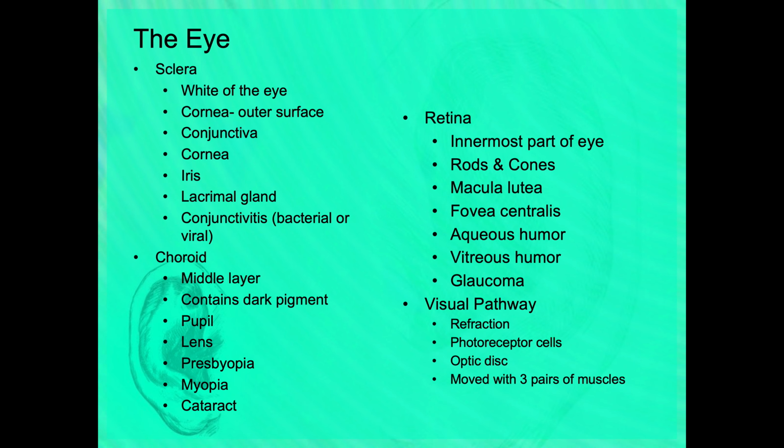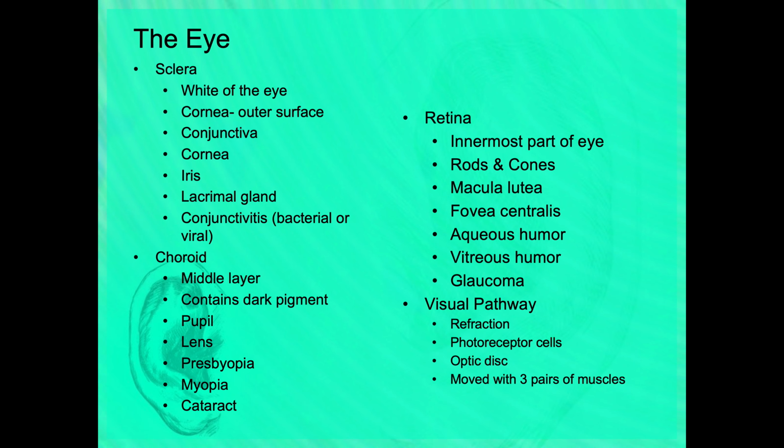Lastly, we have cataracts, and cataracts occur in our older patients. The outer ring of the eye takes on a milky white or milky gray appearance, and it doesn't have as much transparency. So the patient may begin to see small halos around their eyes because of the buildup of opaqueness in the eye itself.